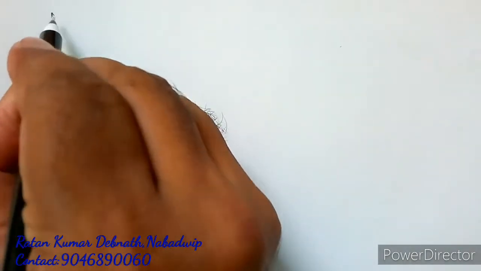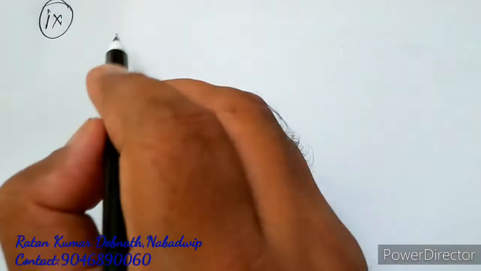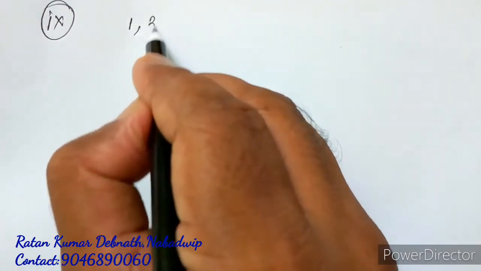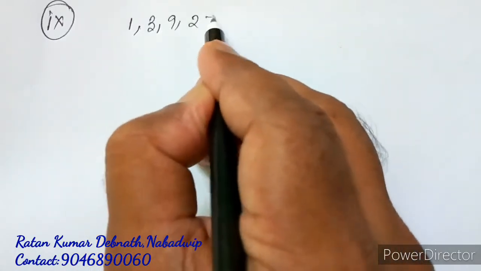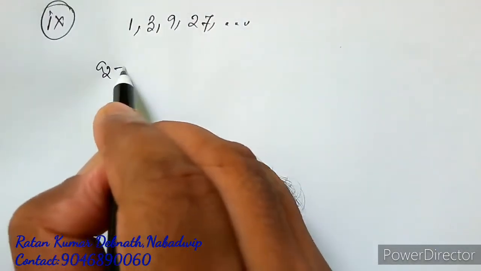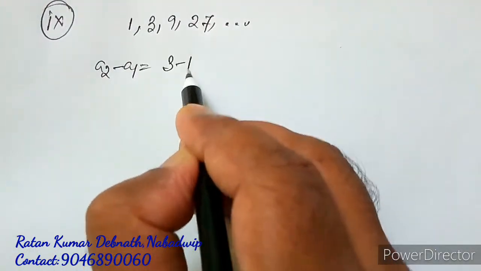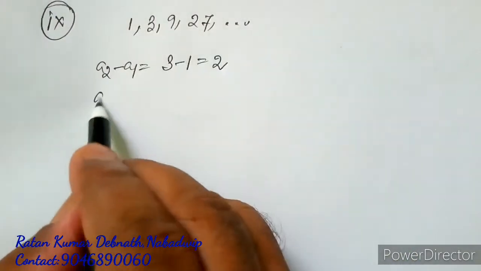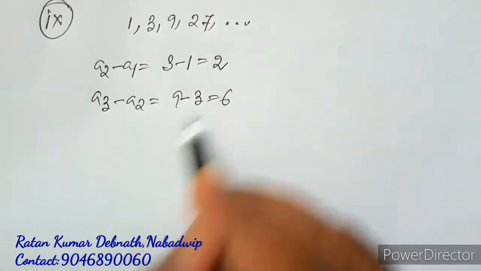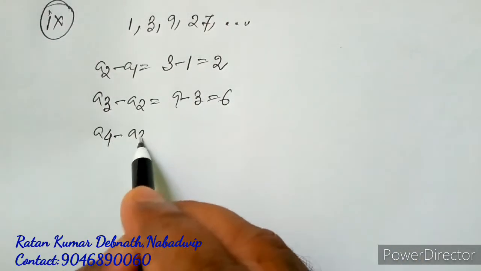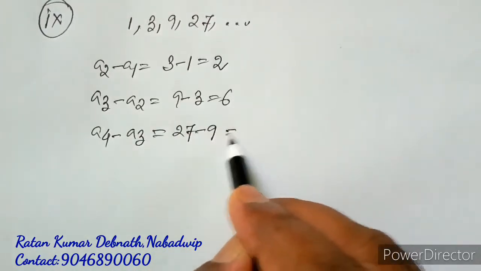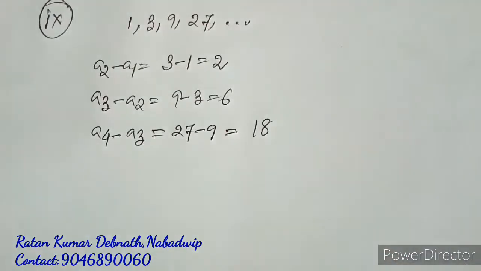Question number 9 of 4. The numbers given here: 1, 3, 9, 27, etc. So a2 minus a1 equal to 3 minus 1 equal to 2. a3 minus a2 equal to 9 minus 3 equal to 6. a4 minus a3 equal to 27 minus 9 equal to 18.